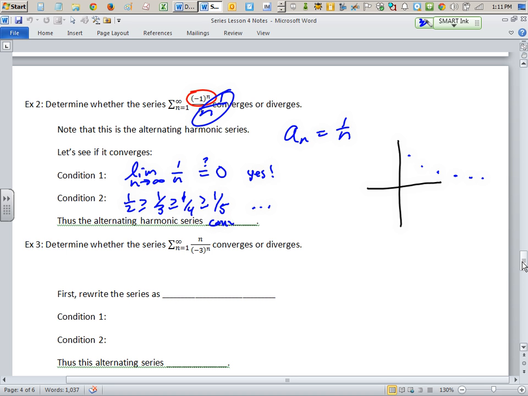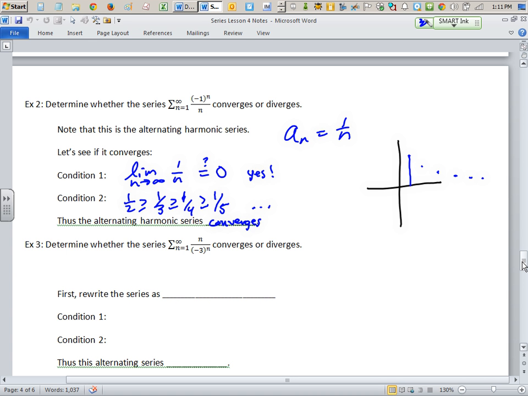And you might notice something. This is just the alternating harmonic series. It's really just the 1/n series, but it has an alternator in it. Now the graph I drew for you is not the graph of the alternating series. It's the graph of the series without the alternator in it. Let me show you what the graph of the alternating series looks like.